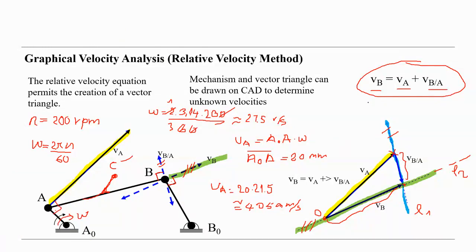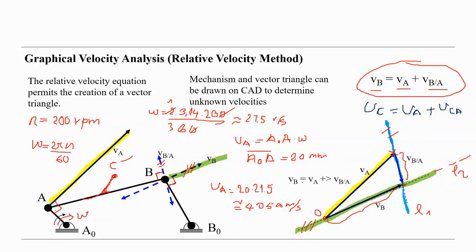So we can write VC is equal to, we know A, again we write VA plus VCA. VCA, you know, this is the relative velocity, and that means C is turning about the point A.